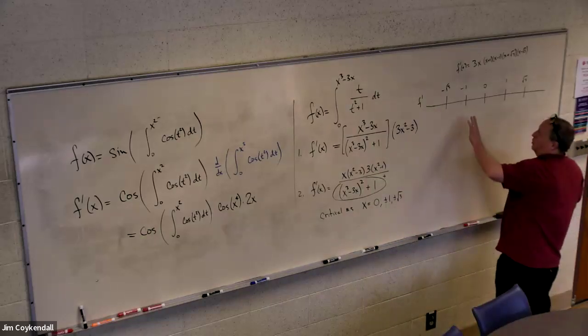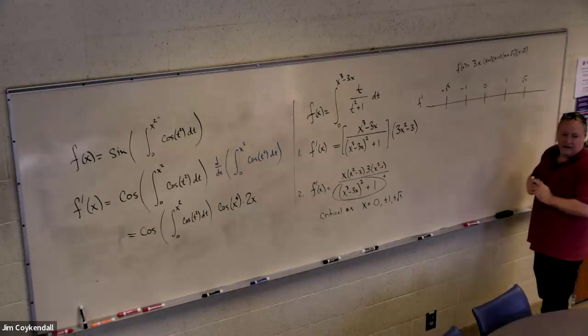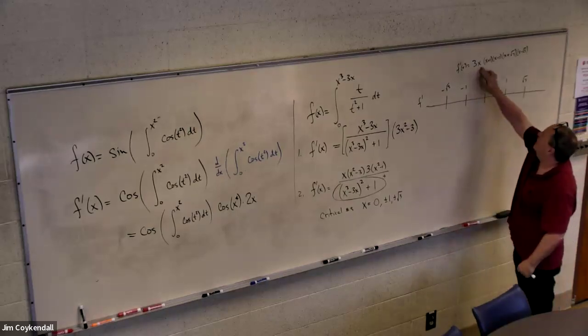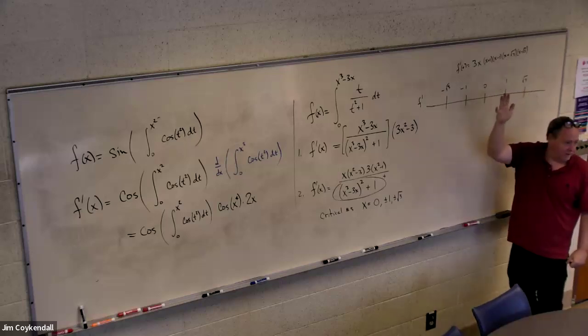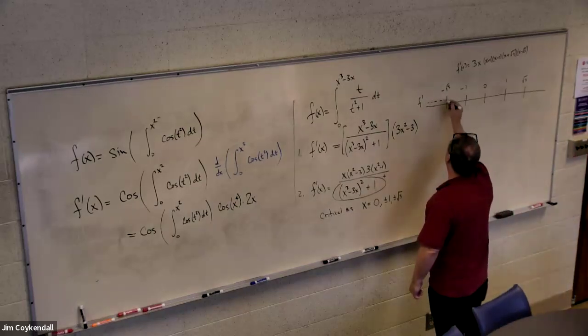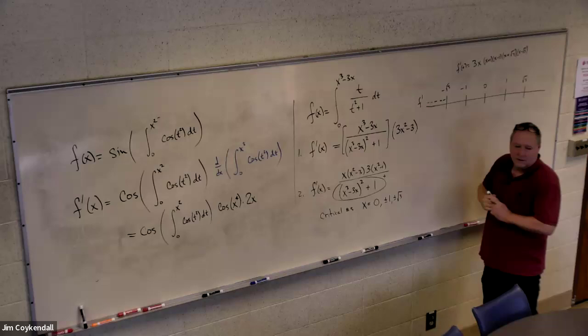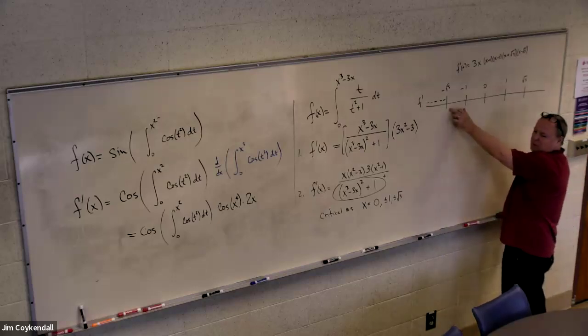What happens when you're to the left of minus radical 3? Something like negative 1,000,000. Negative, negative, negative, negative, negative. 5 negatives is a negative. Multiply an odd number of negatives, you get negative. What happens in this range? Something like minus 1.5.